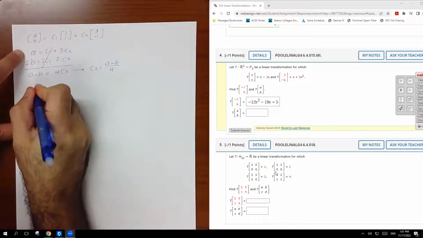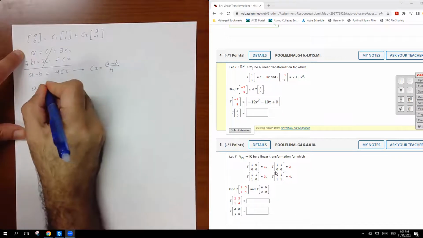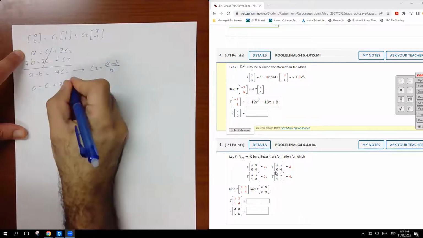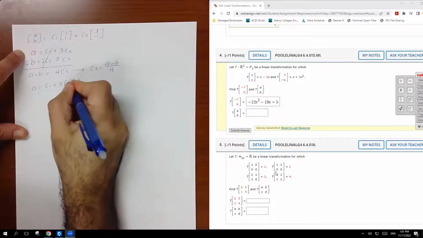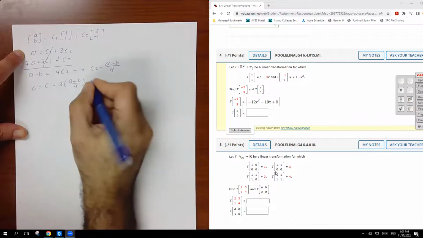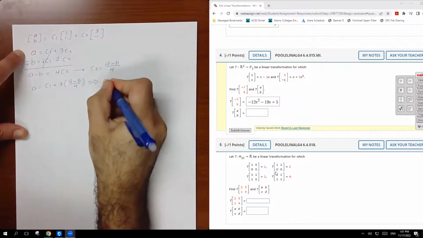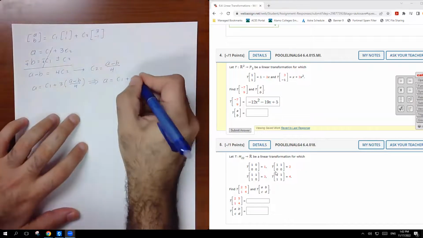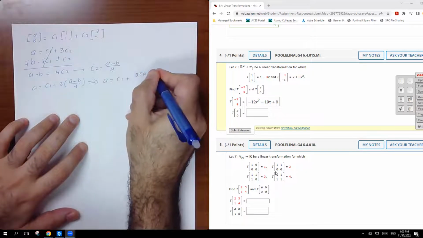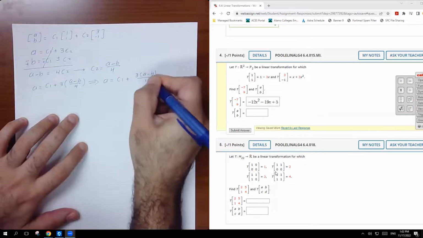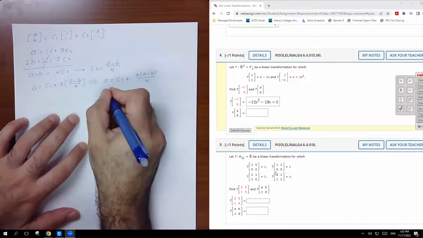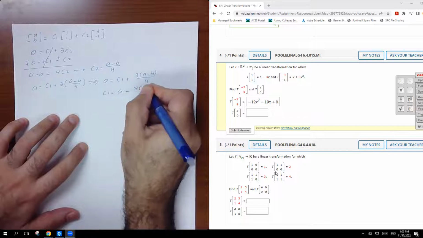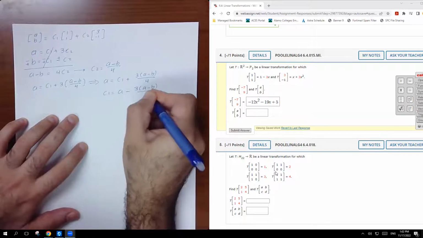So A is going to be equal to C1 plus 3 times C2, which is A minus B over 4. Move this one to the other side. That means C1 is going to be A minus 3 times A minus B over 4.